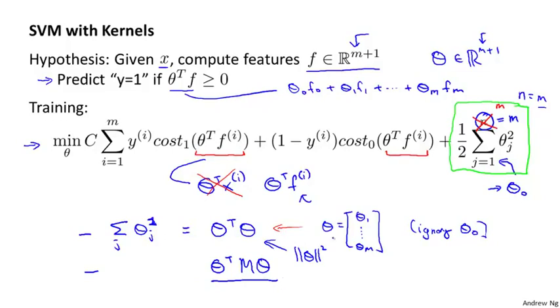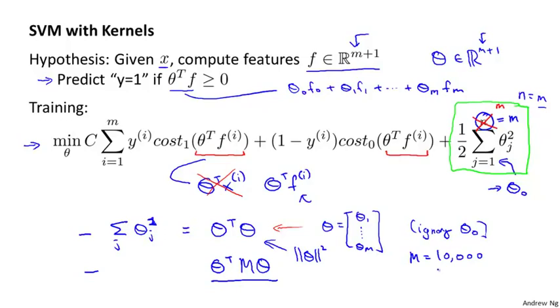Because, for example, if you have a training set with 10,000 training examples, then the way we define landmarks, we end up with 10,000 landmarks, and so theta becomes 10,000 dimensional. Maybe that'll work, but when n becomes really, really big, if n were 50,000 or 100,000, then solving for all of these parameters can become expensive for the support vector machine optimization software.